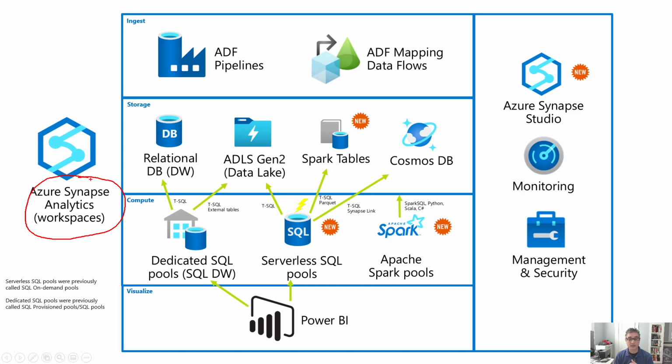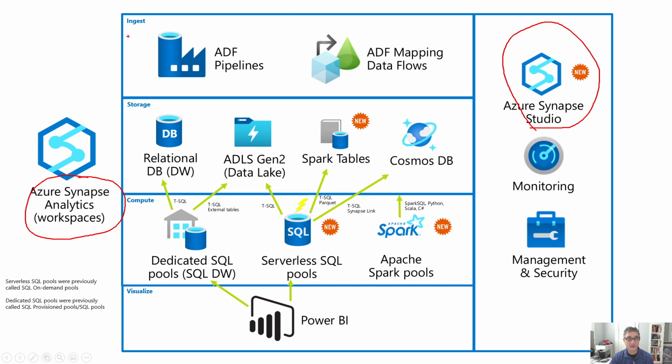Usually customers will break them out by project, and within that workspace, the new product is Synapse Studio. This is a one-stop shop for all the products that we're going to talk about going forward on there. So it's that single pane of glass that you can use to interact with all these different products.